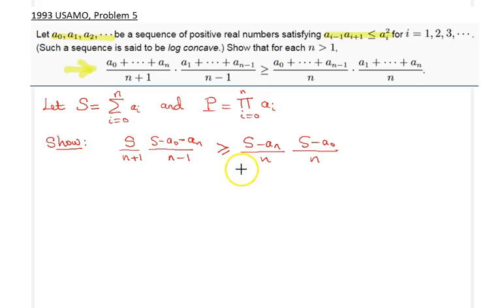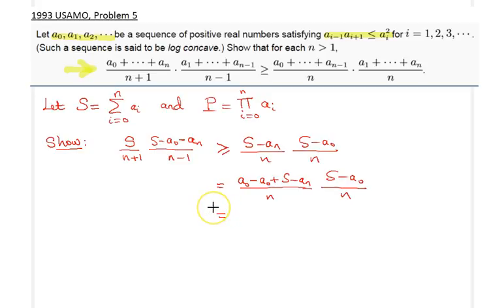So let's start with this right hand side, and I will make the following trick. I can represent the right hand side alternatively, especially the first factor, as S minus A sub 0, and I will just leave the second term as it is. From here I will do some algebra.